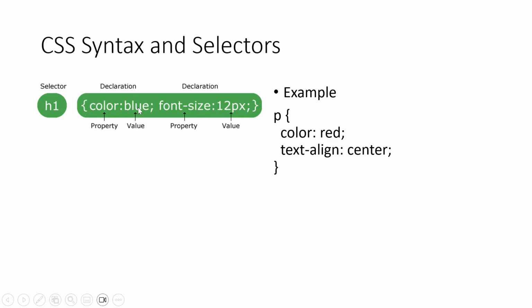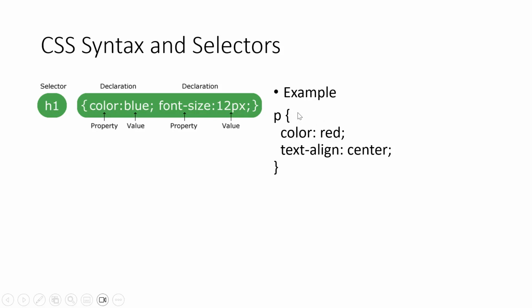We have property and value pairs, you can say. So for H1, we say the color should be blue and the font size should be 12 pixels. In that way, we can provide the rules in CSS for how this should appear.